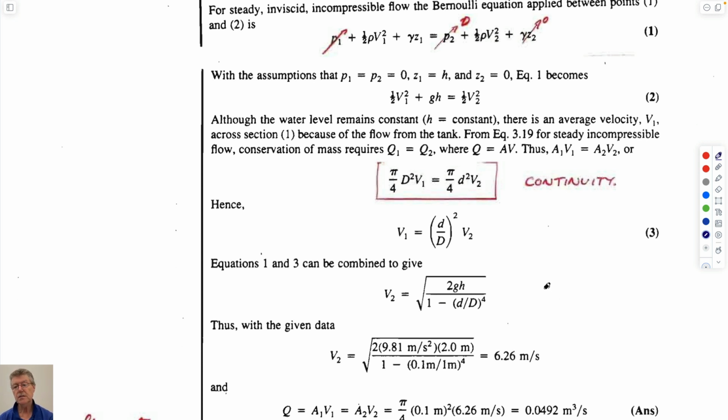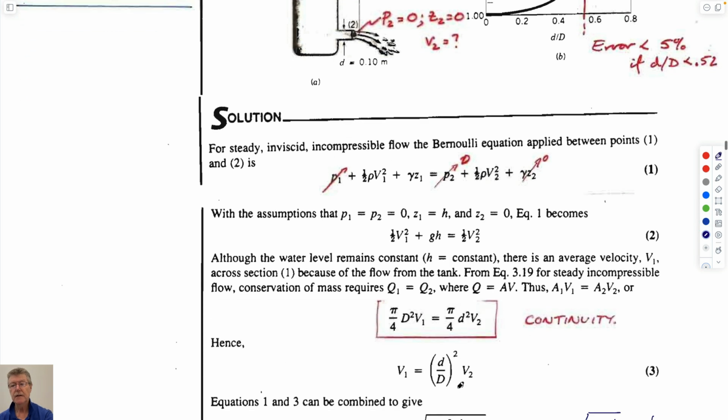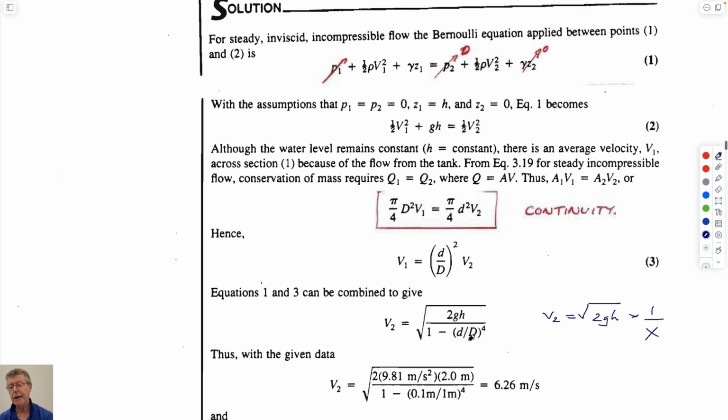And so this is just V2 equals the square root of 2gh times 1 over a term. And this term, if D is, we've done it in diameters here instead of areas, it ends up being diameters to the fourth. If it was areas, it would be the ratio of the areas squared, because area is proportional to diameter squared.